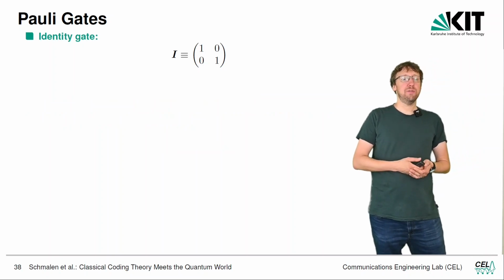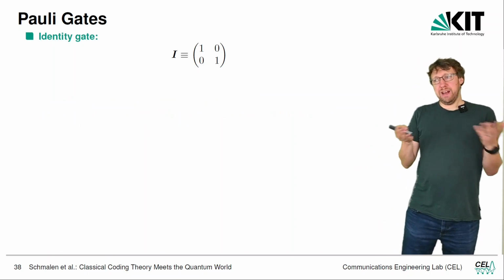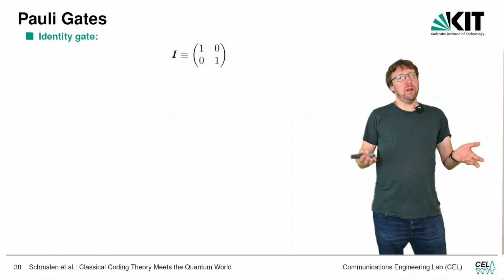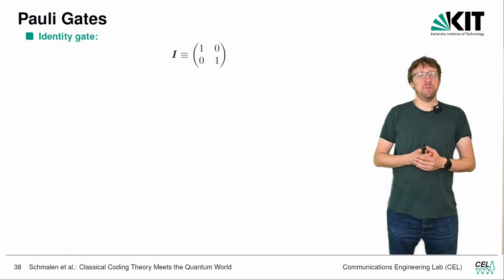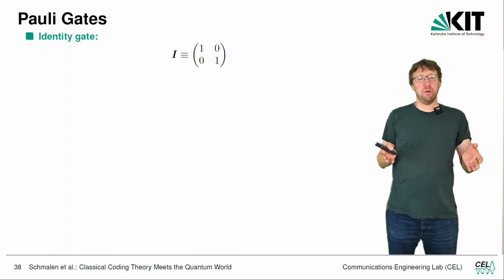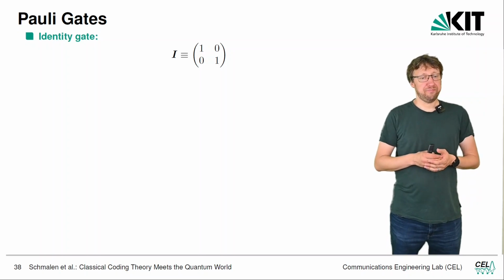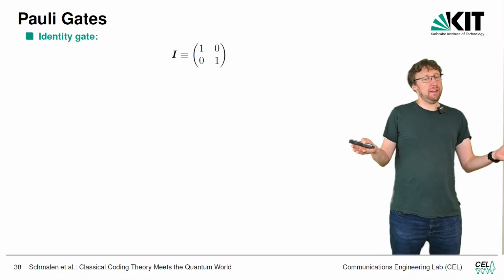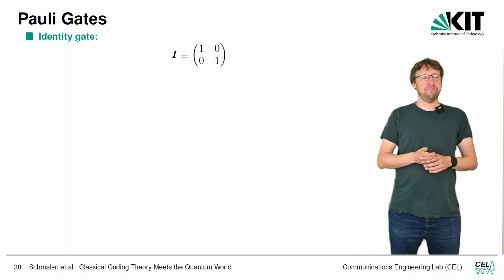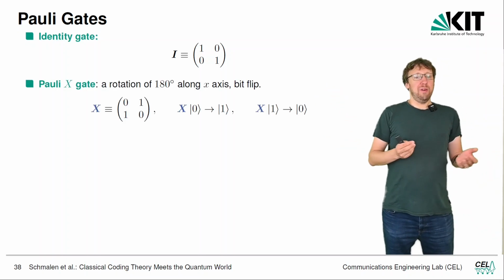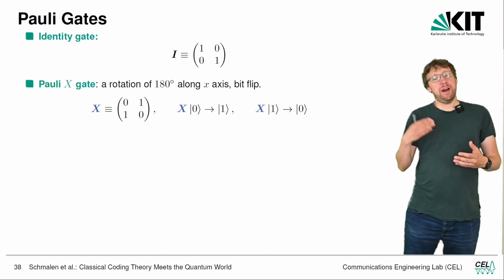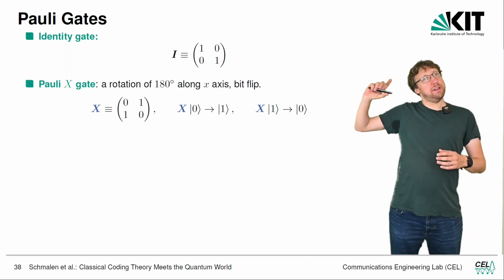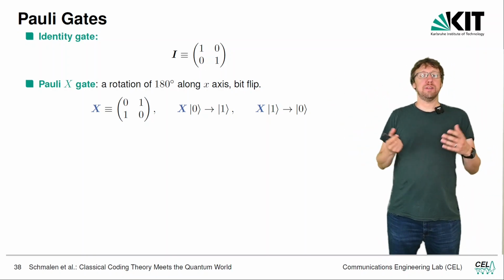So what gates do we have? There are many gates that we can think of, essentially all unitary matrices, but we give the most important ones, which are the Pauli gates. Pauli gates include the identity gate, which does nothing, so it's just the identity matrix. We have the Pauli X gate, which defines a rotation of 180 degrees along the x-axis, which is a bit flip.